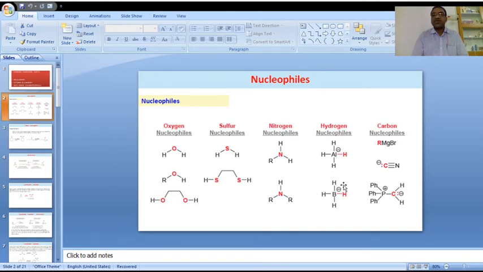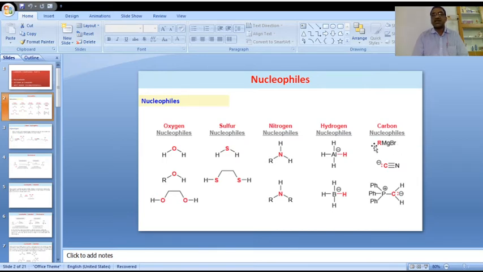Next, boron BH4 minus, the boron tetrahydride nucleophile. It also produces the H minus ion, a hydrogen nucleophile. These are the examples. And the last type of nucleophile, carbon nucleophiles. A very good example is RMgX, the general formula for an alkyl magnesium halide.